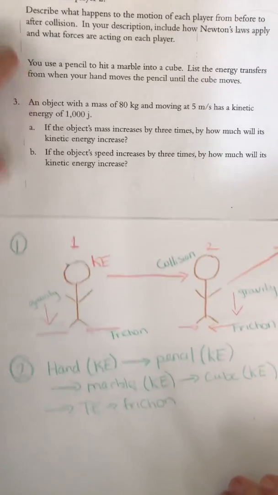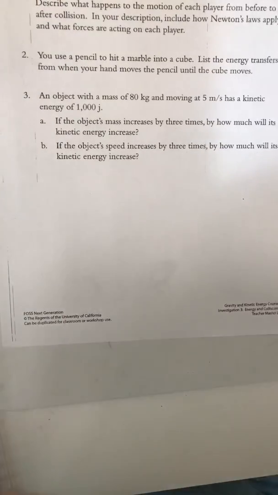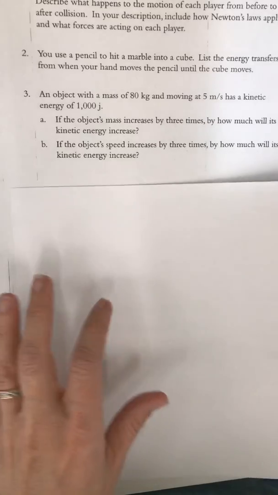Next up, last question. Question number 3. An object has a mass of 80 kilograms and moving at 5 meters per second has a kinetic energy of 1,000 joules. If the object's mass increases by 3 times, how much will its kinetic energy increase?